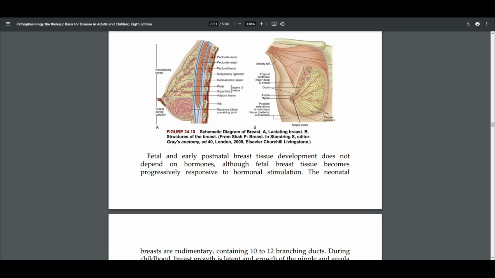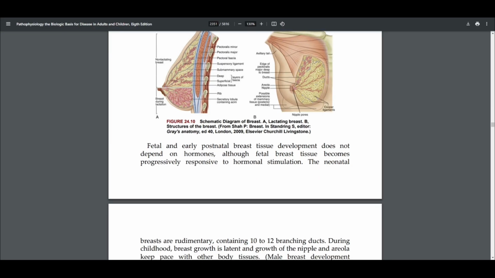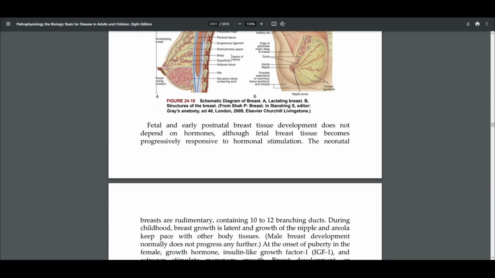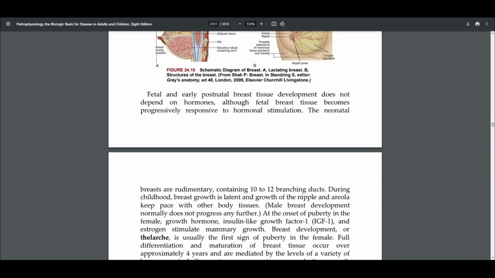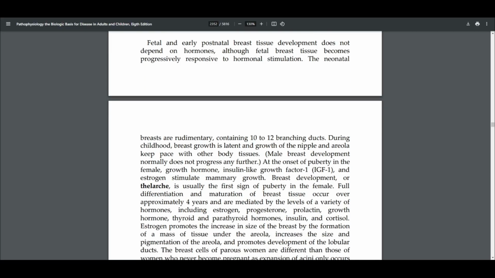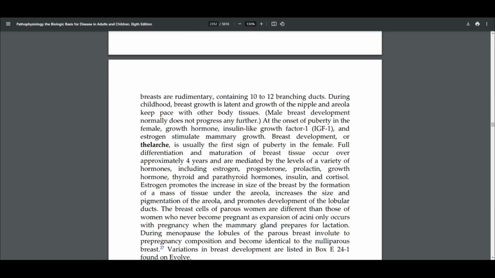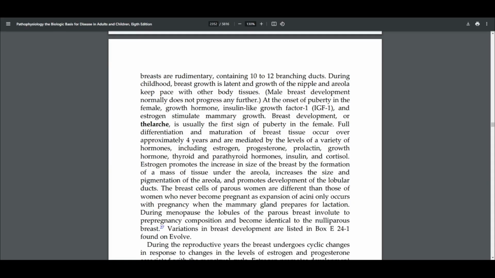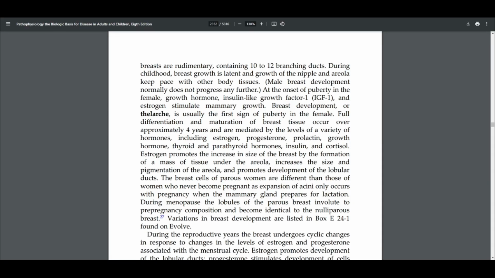Fetal and early postnatal breast tissue development does not depend on hormones, although fetal breast tissue becomes progressively responsive to hormonal stimulation. The neonatal breasts are rudimentary, containing 10 to 12 branching ducts. During childhood, breast growth is latent, and the growth of the nipple and areola keep pace with other body tissues.